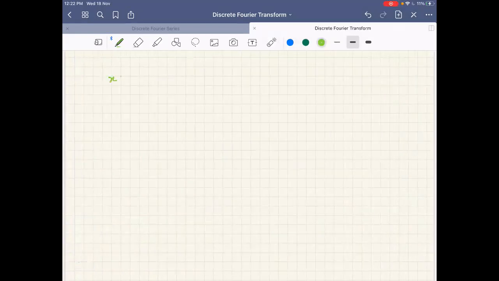So we have x of n, m samples, and then we have taken the discrete time Fourier transform to get a continuous representation of frequency, which we are familiar with for an aperiodic signal.